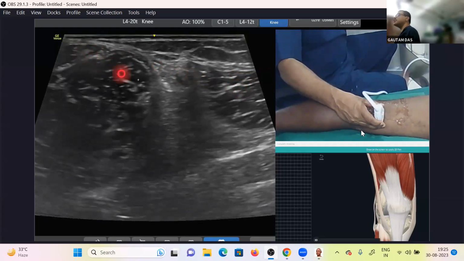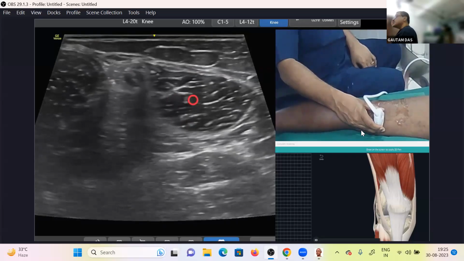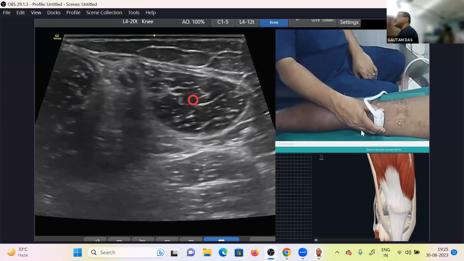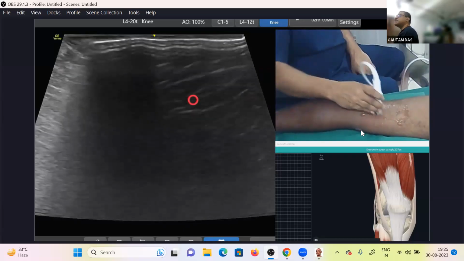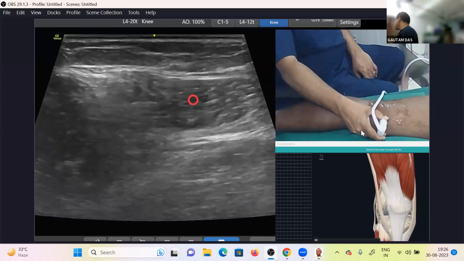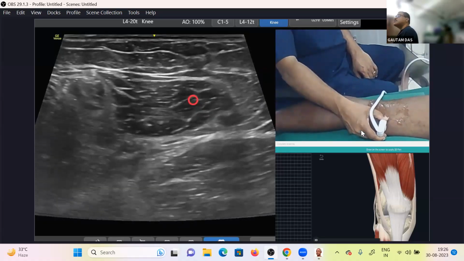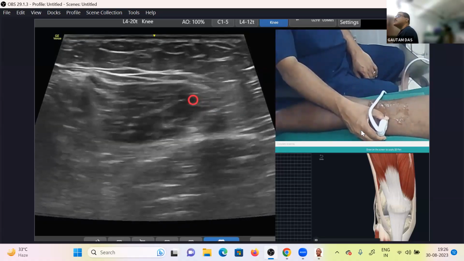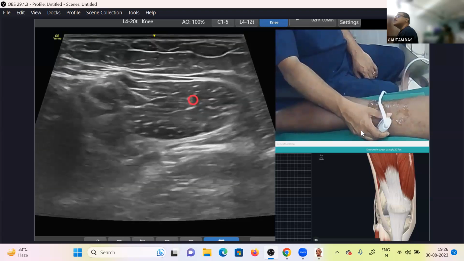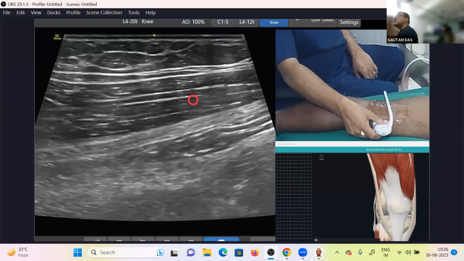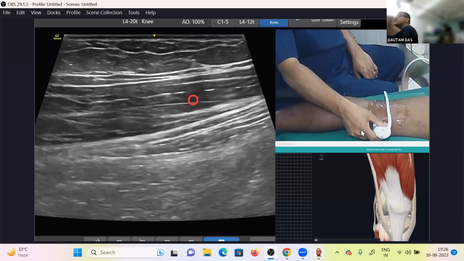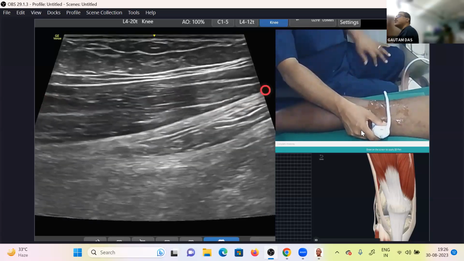Now you see another way to look for it. Sartorius muscle is always very easy to see because it's a boat-shaped muscle. You see, this is the muscle. So now I'm making it long axis. Now you see the sartorius muscle in the long axis. This is the proximal side, this is the distal side. And now I'm coming distally.